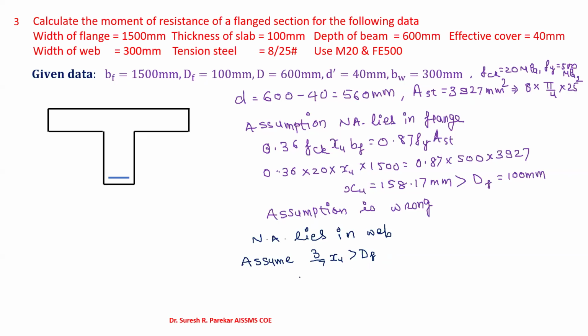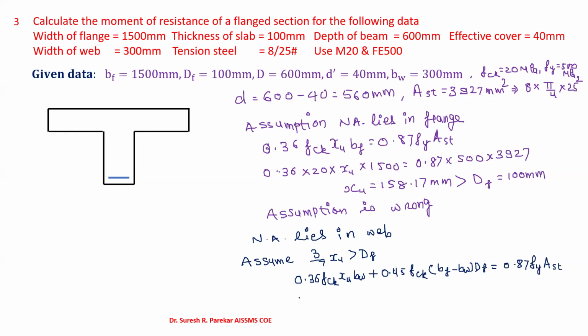So we will write Cu equal to Tu: 0.36 FCK XU BW plus stress we have 0.45 FCK constant in bracket BF minus BW into DF. This will be area, which is equal to 0.87 FYAST.